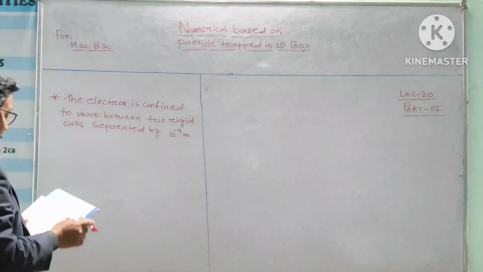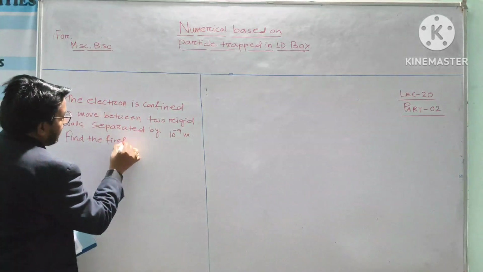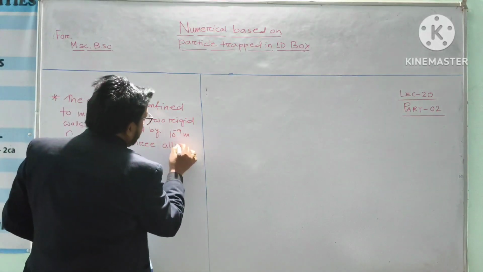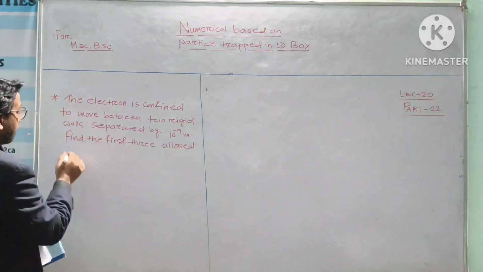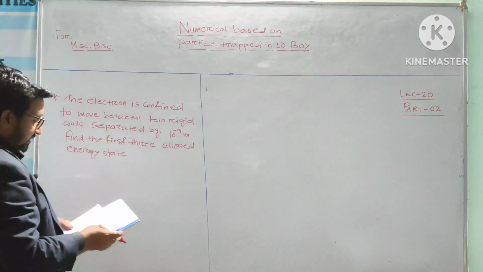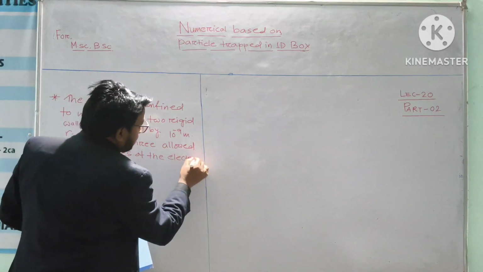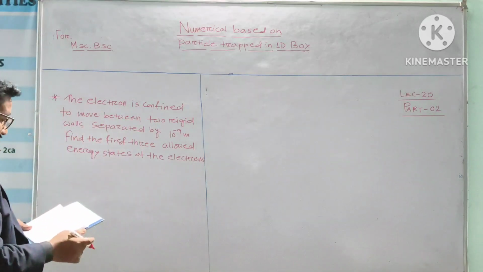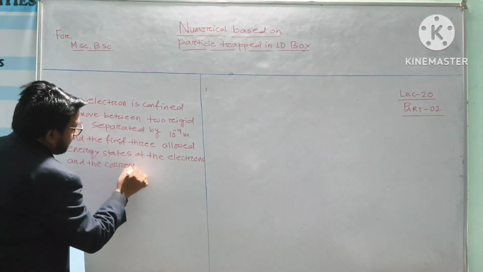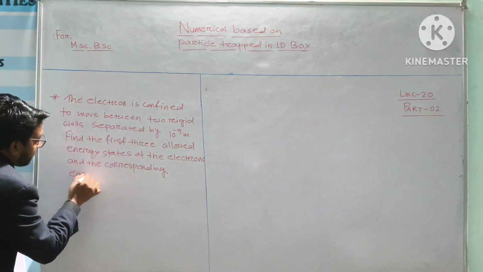Okay, find the first three allowed energy states of the electron and the corresponding energies.